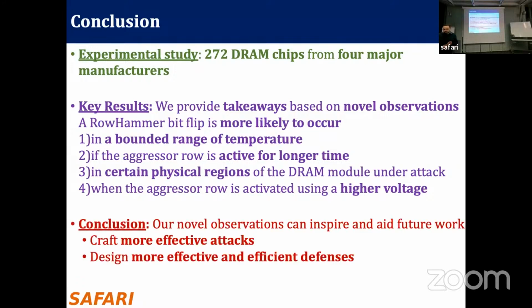And in conclusion, our observations can inspire and aid future work to craft more effective attacks, as we see in SpyHammer, or RowPress as well, and to design more effective and efficient defenses, as we saw in the paper that will appear in HPCA 24.